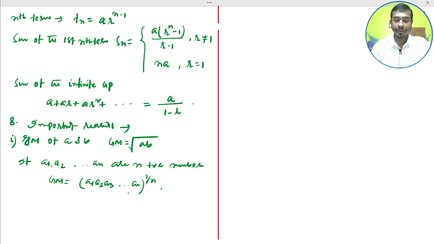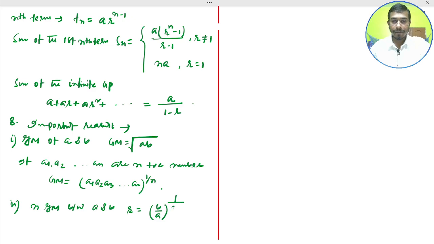This would be the geometric mean. Next, property number 2, n geometric means between A and B. N geometric means between A and B would have R equal to B by A to the power 1 by n plus 1.